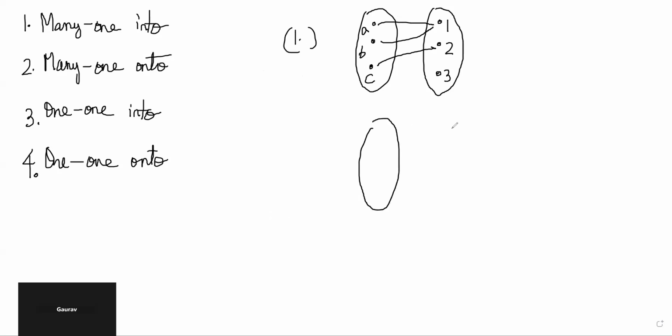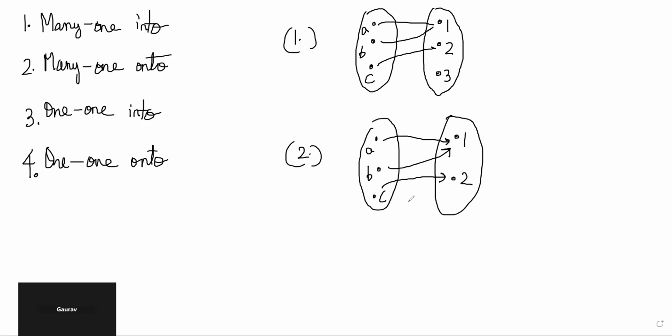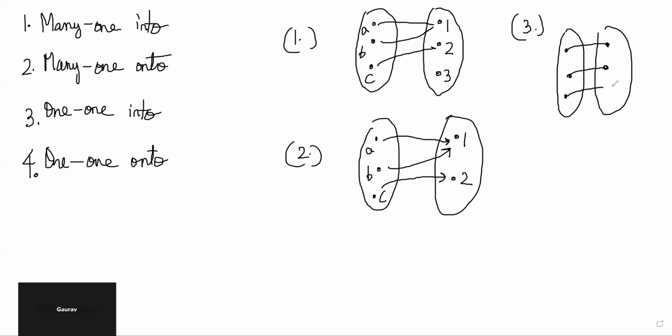If it is many one onto, I should have a situation like this. A, B, C, right? This is many one, it is also onto. There is no other element that is left behind with no connection. Then there is one one into. One one into would be single connections, but one of them will be left behind.